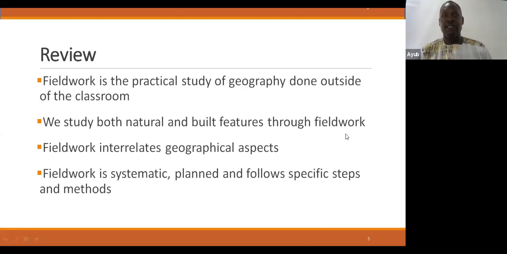And remember, we said we can study drainage, soil, towns, fish landing sites, gardens, rocks, rivers, all the features. But when we study them, we look at how they are interrelated, how they affect each other, how they affect people.